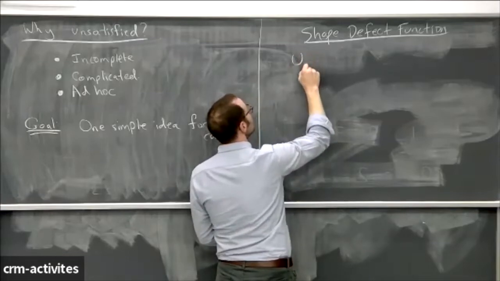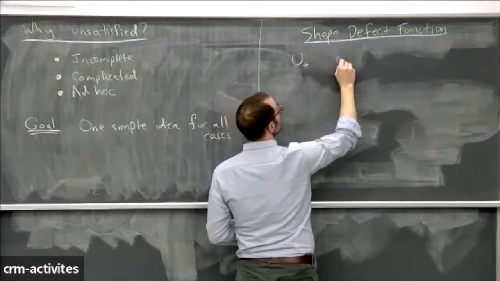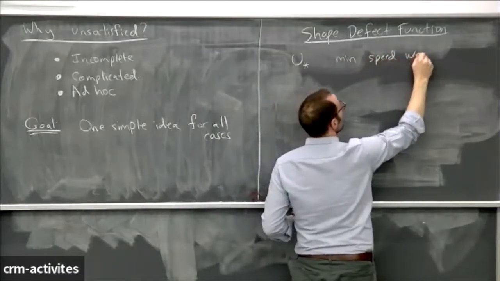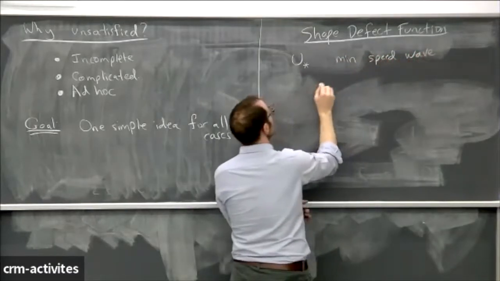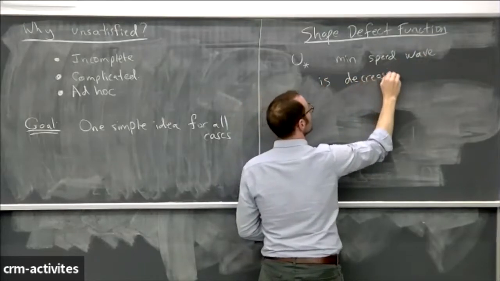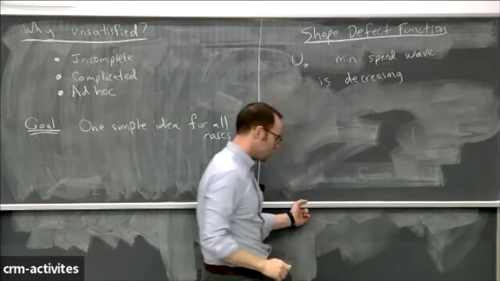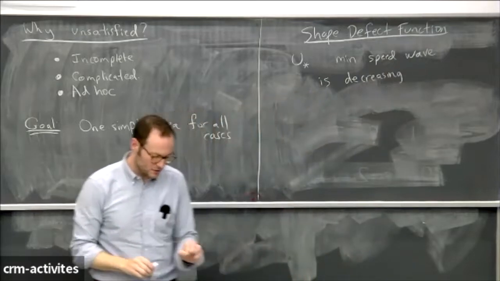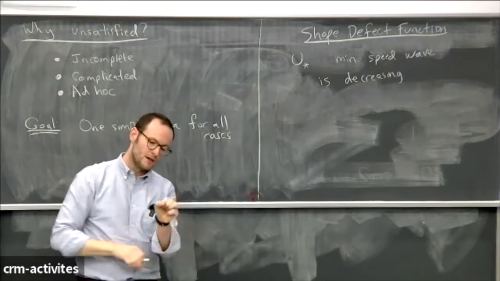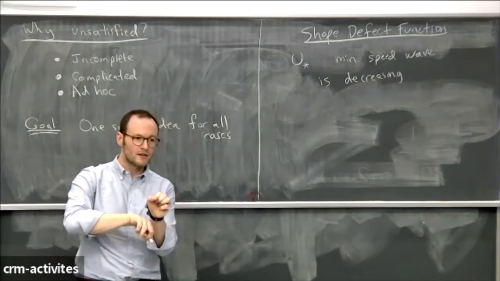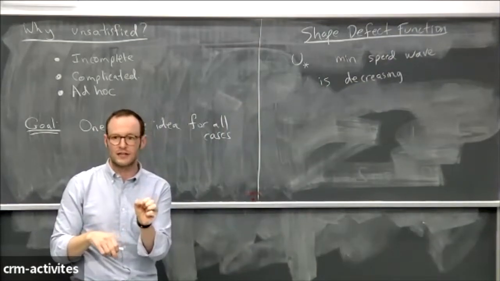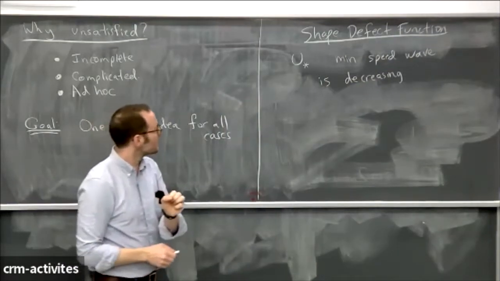Okay, we have a traveling wave. So this is the minimal speed traveling wave. And what we know is it's decreasing. Okay, and if it's decreasing, then for any level set of your function, there's exactly one point that corresponds to that level set, that when you evaluate the function at that point, you get that height.